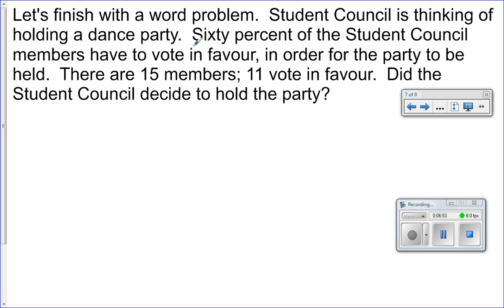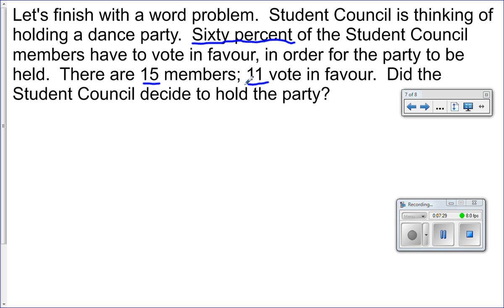Okay, now we know that in order for student council to hold the dance party, they need a vote of 60%. So that's their target. But then looking ahead, there are 15 members in total, and 11 out of those 15 vote in favor. So we need to find out if student council reached that 60%.